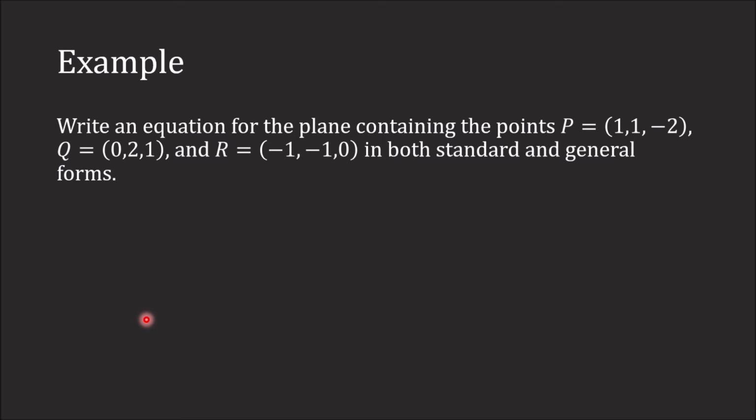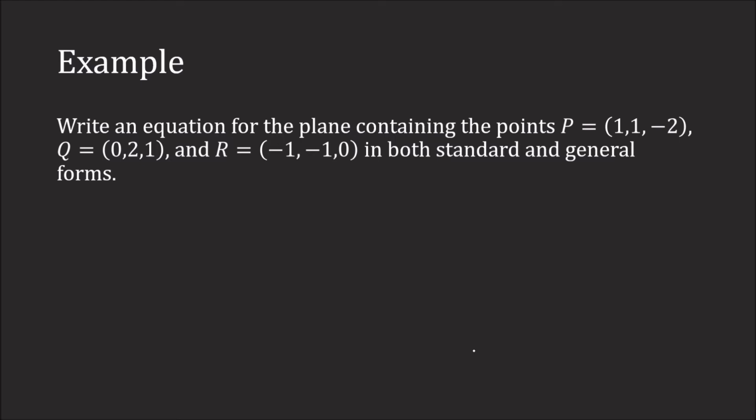So we're going to write an equation for the plane containing the points (1, 1, negative 2), (0, 2, 1), and (negative 1, negative 1, 0) in both standard and general forms. So we need to find a normal vector.